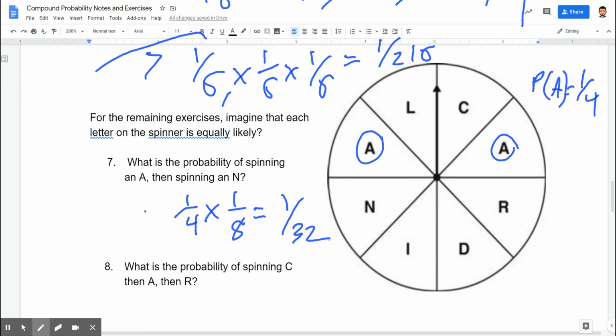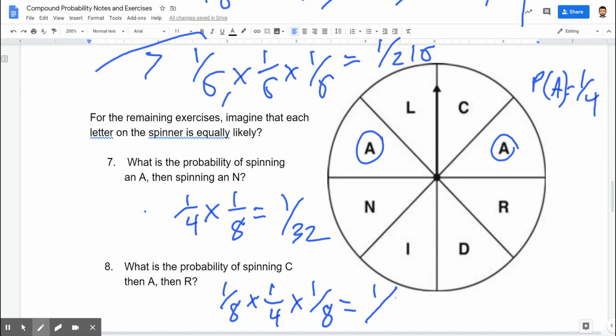Probability of basically spelling out CAR. C, again, is going to be 1 out of 8. A is going to be 1 out of 4. And finally, the R is going to be 1 out of 8. So it's going to be all ones in the numerator.